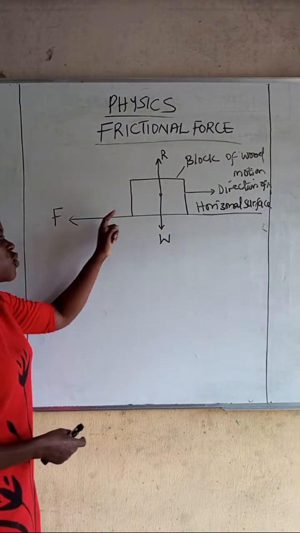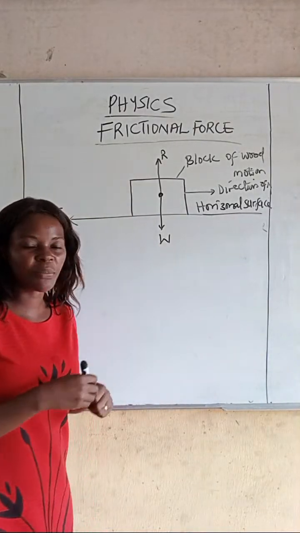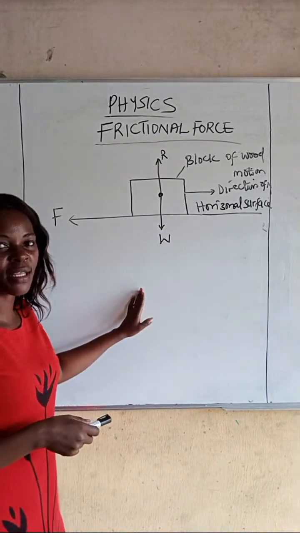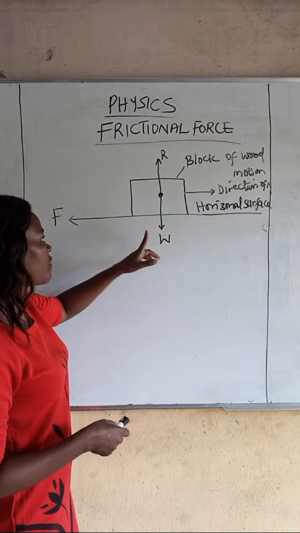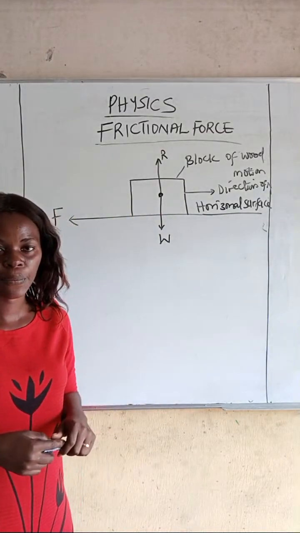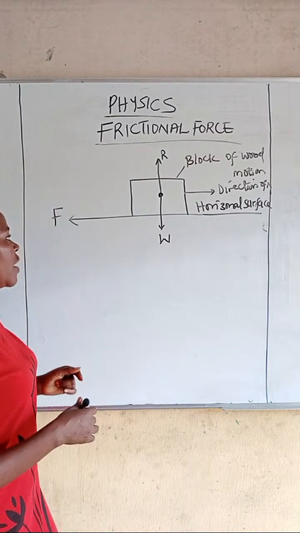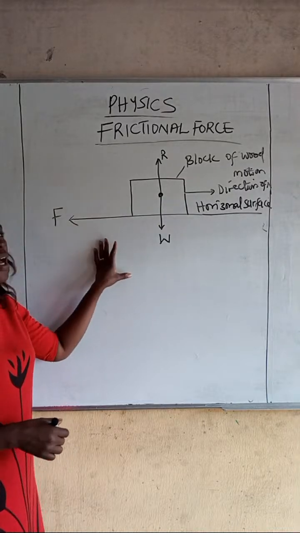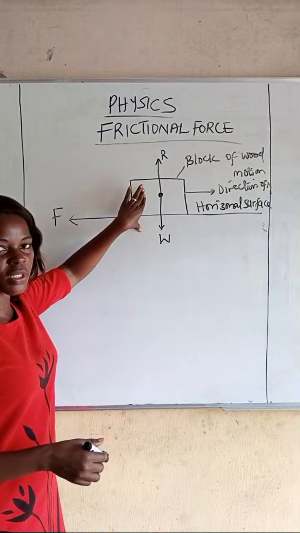Now the weight of this object is always acting down because weight acts downwards. So the weight of this object is acting down, and the reaction of the object on the horizontal surface is acting up. Do we understand? Let me go again. I said this is a horizontal surface. And we have a block of wood placed on the horizontal surface.